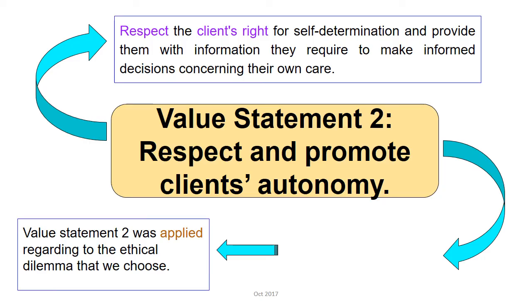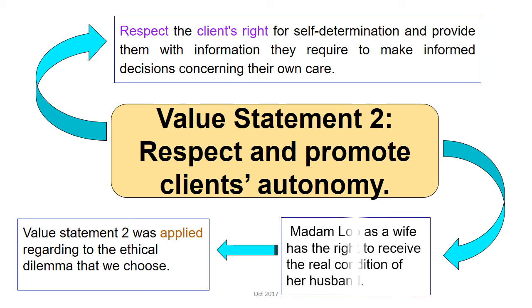Value Statement 2 states to respect and promote our client's autonomy. We give them the information, telling her that the husband had passed away, and we help by giving information like there is a support group, and we can refer her to the psychologist or counselor. In this way, Value Statement 2 applies in this scenario.